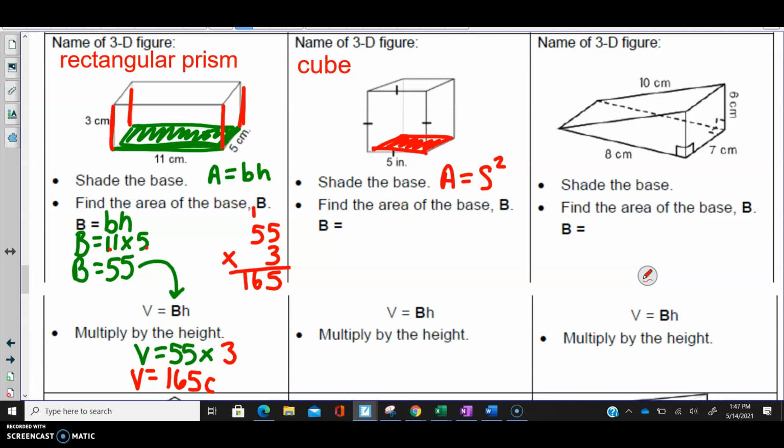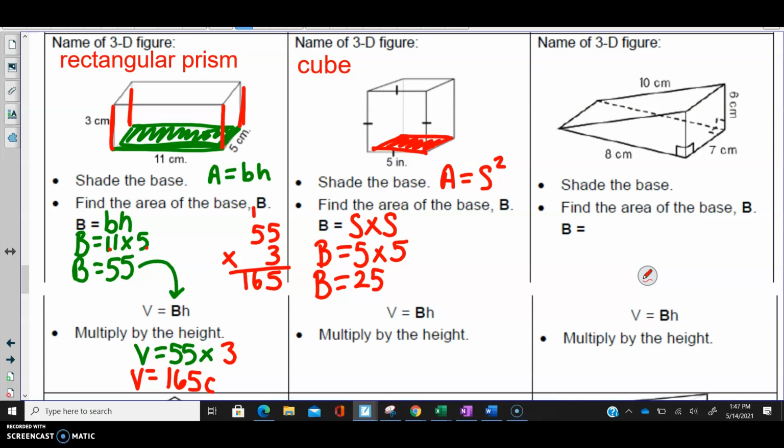So to find the area of the base, in this example, B is going to be S squared, or S times S. Notice our B is different than in the last problem because our base is a different shape. So B equals 5 times 5. Big B equals 25.